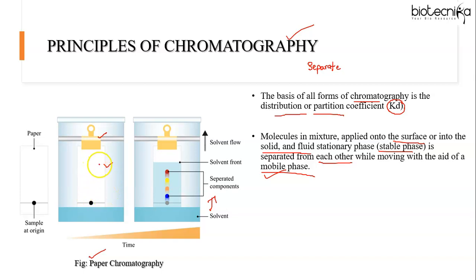Cellulose paper, Whatman paper, is used as a solid support for the stationary phase, which is water in ascending paper chromatography, and the mobile phase is a mixture of organic solvents. The setup is such that the tip of the paper touches the mobile phase. Here you can see the mobile phase which is filled, the tip of the paper touches it, and just above the tip, the sample is applied.